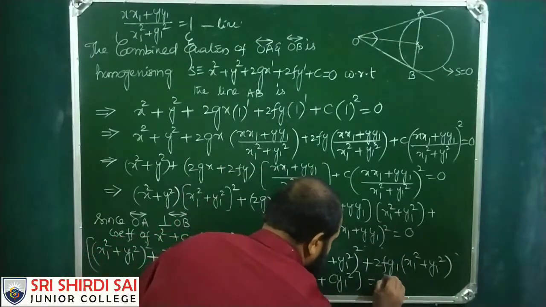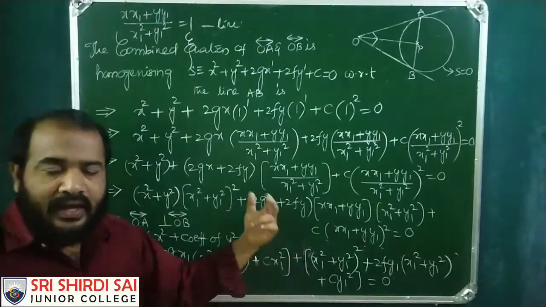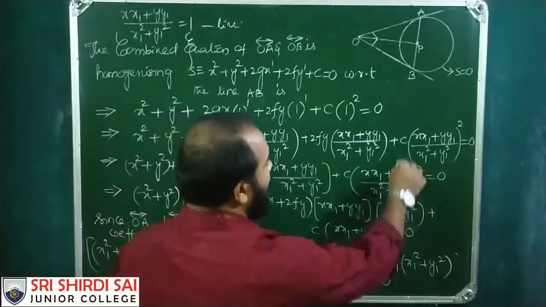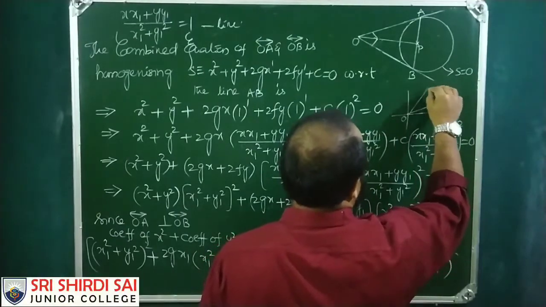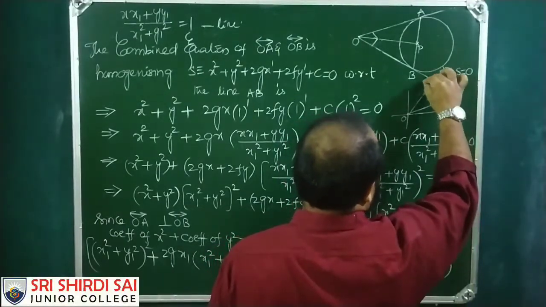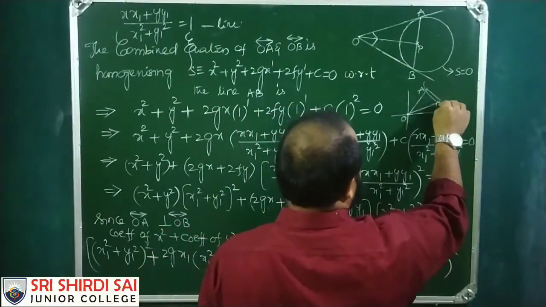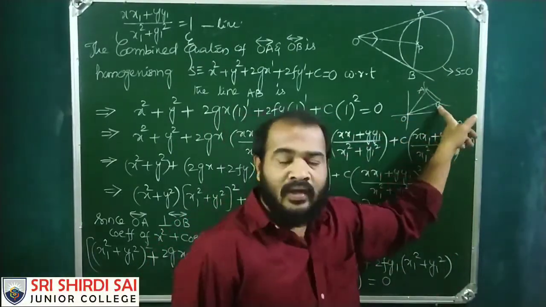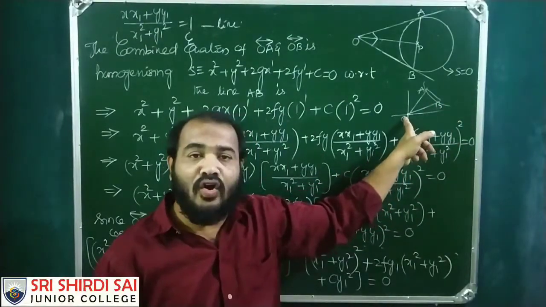equals 0. Why are we doing a plus b equals 0? Because this is a straight curve and we are homogenizing this. OA and OB are the combined equation of the pair of lines passing through the origin.